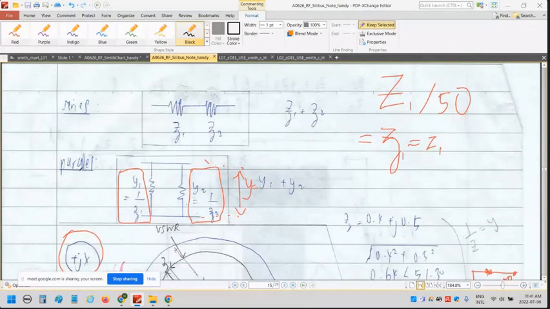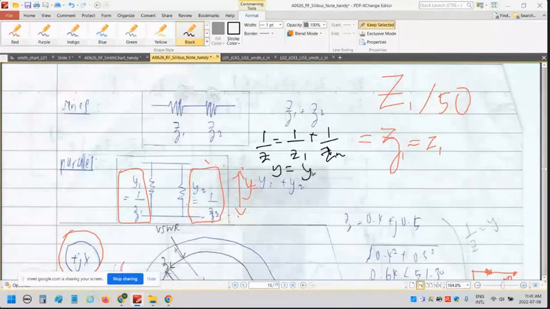For the parallel, we use Ohm's law too, so 1 over Z equals 1 over Z1 plus 1 over Z2.